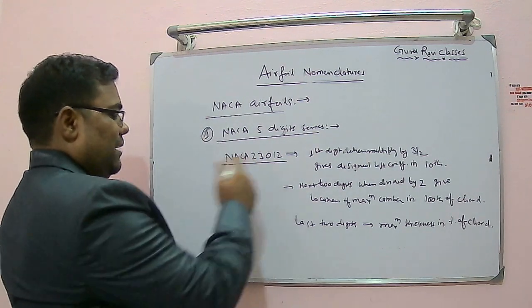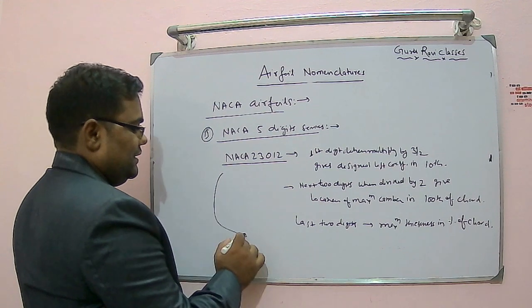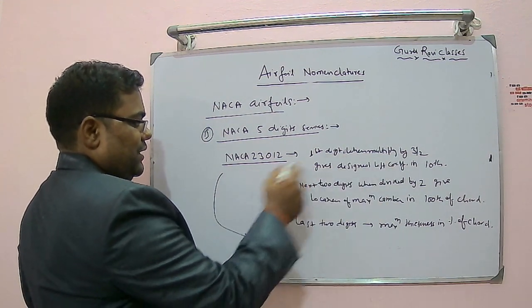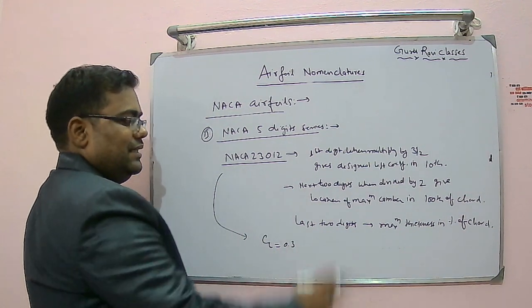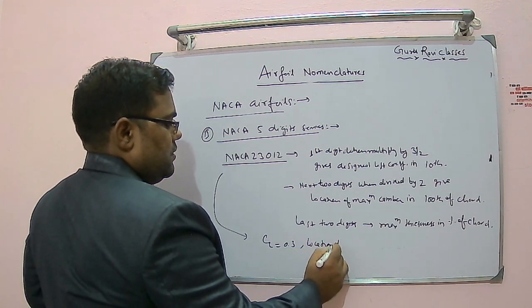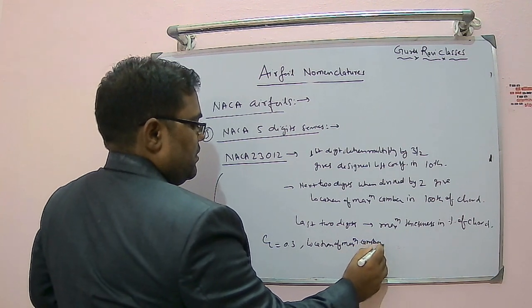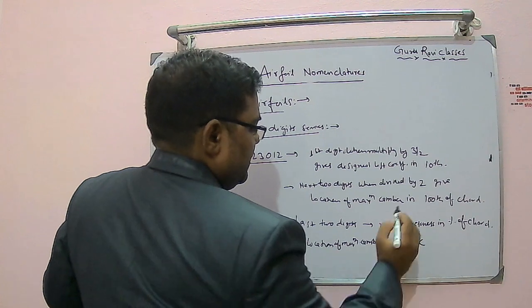So for example, for NACA 23012, if you multiply 3 by 2 and divide by 10, you can say CL is equal to 0.3, the coefficient of lift is 0.3, right? The location of maximum camber, 30 divided by 2, is 0.15 C, right?